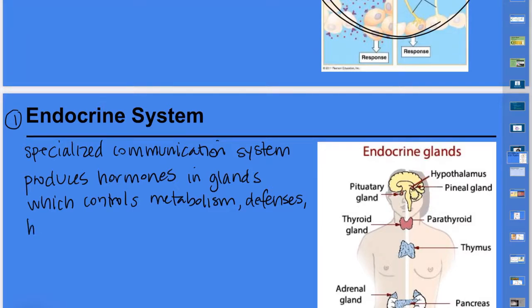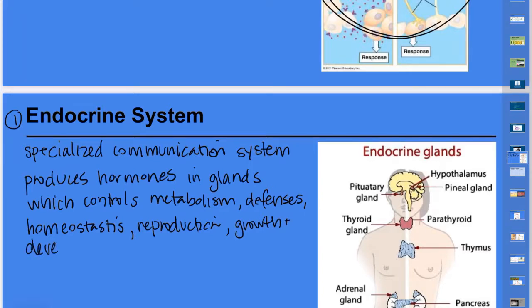It controls your defenses, different types of defenses, not only your immune system, but also your behaviors like fight or flight. It controls the balance of the internal environment so that all different life processes can be carried out properly, which ensures proper function, homeostasis.